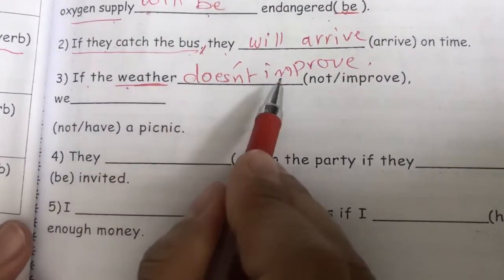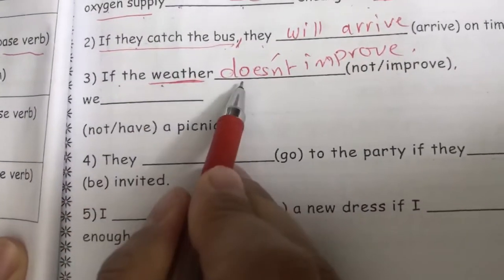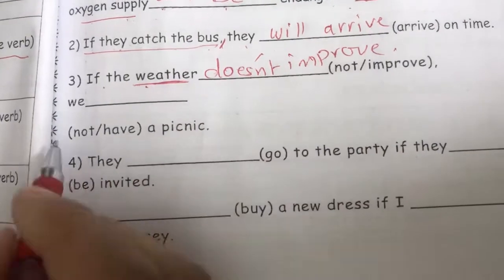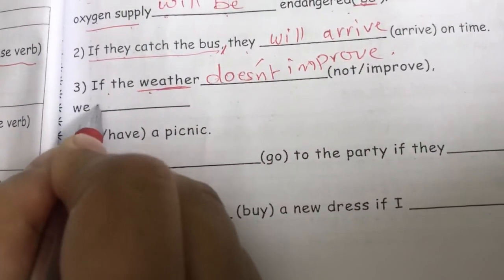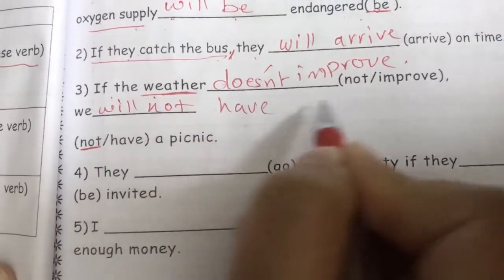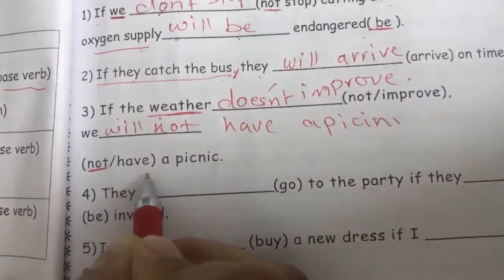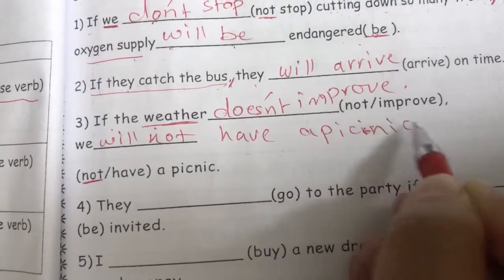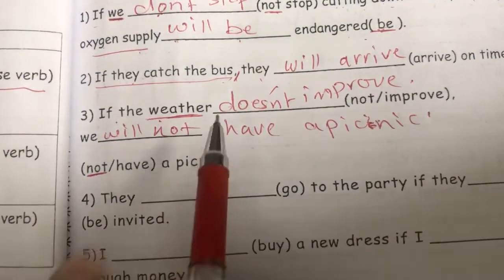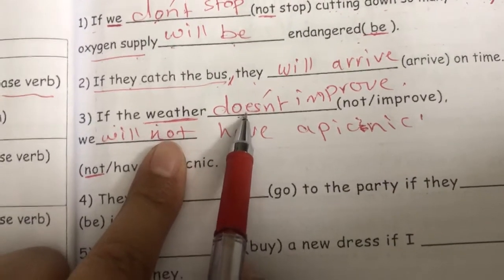If the weather doesn't improve, we will not have a picnic. So I make the sentence negative. Here I use simple present, and the negative with simple present is doesn't and don't.